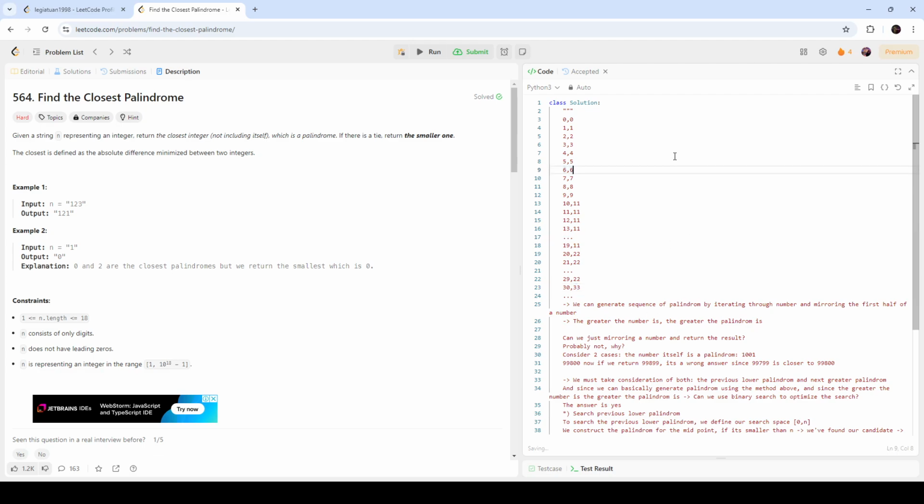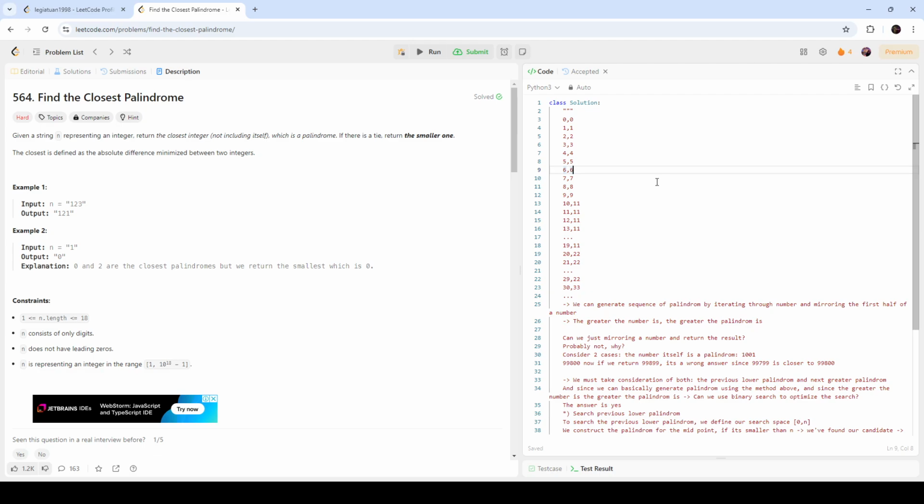So what is the key observation here? We can generate a sequence of palindromes by iterating through the numbers and mirroring the first half of the number.